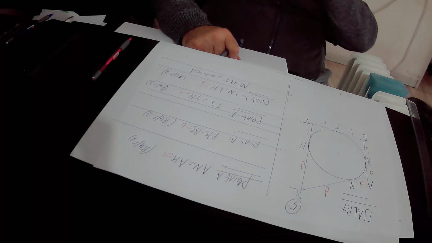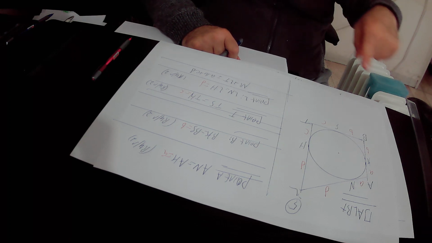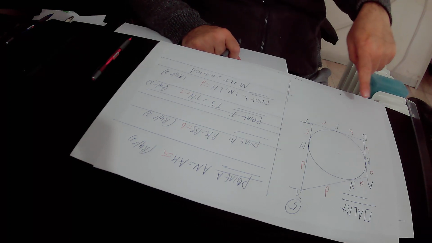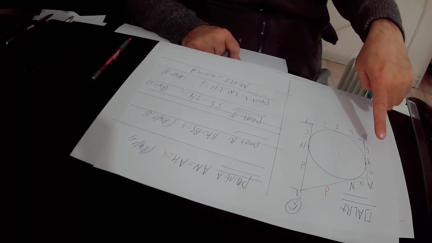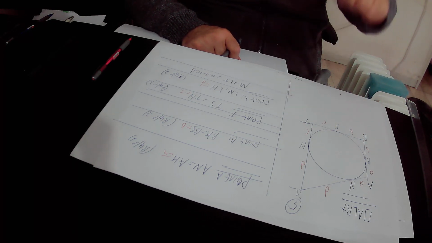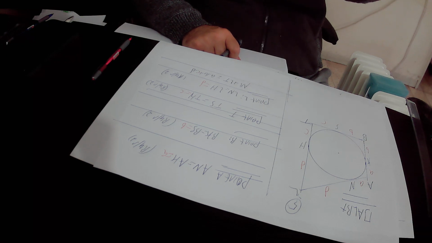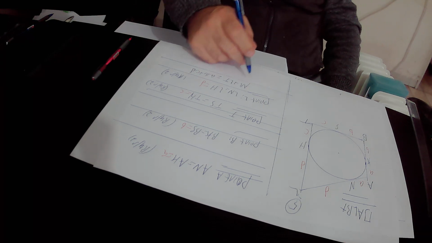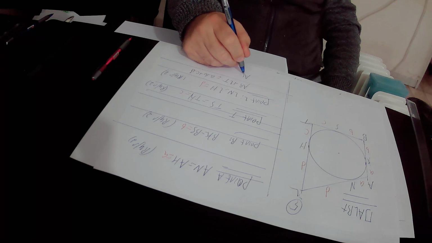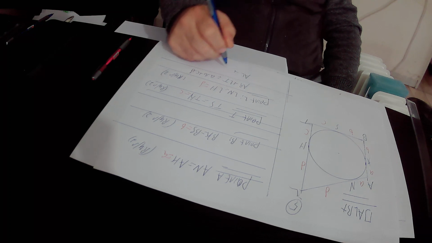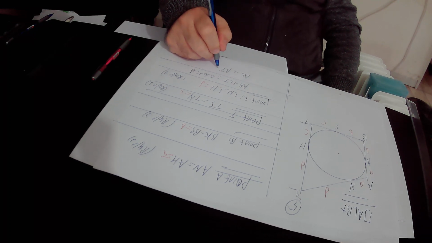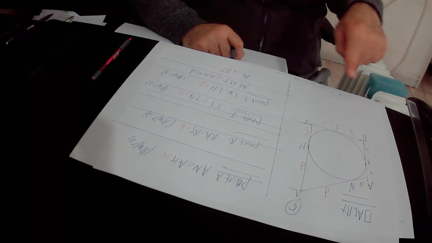In the next step, we'll add side AL to side BT on this quadrilateral ALBT. What is the total value of AL plus BT?